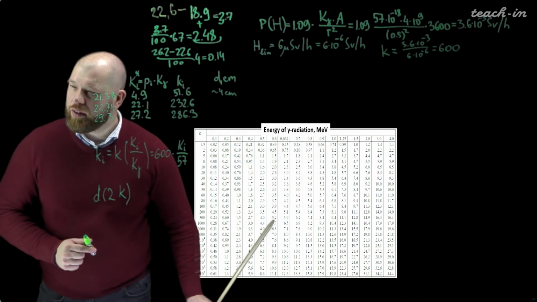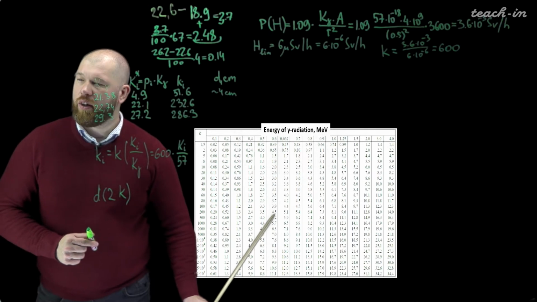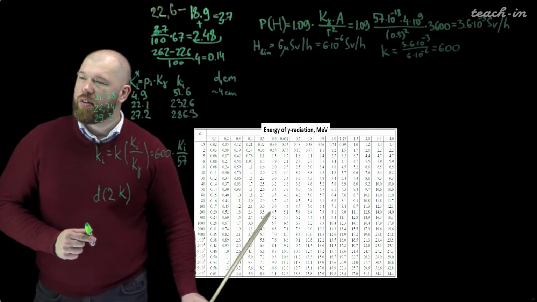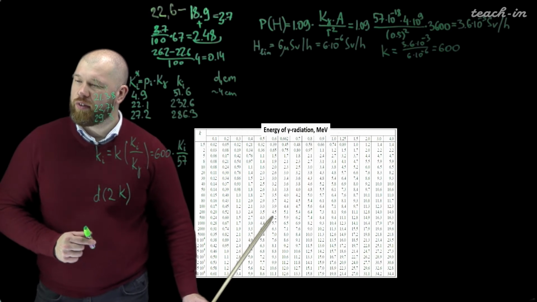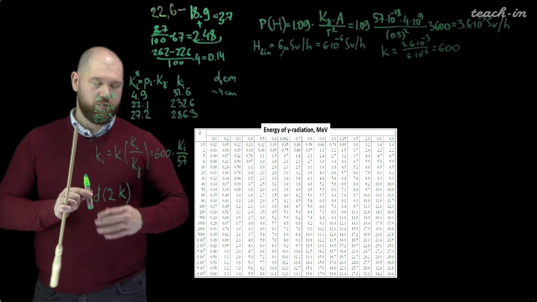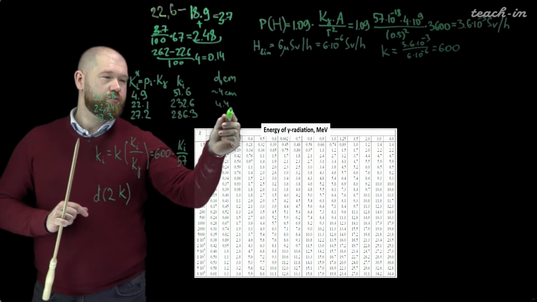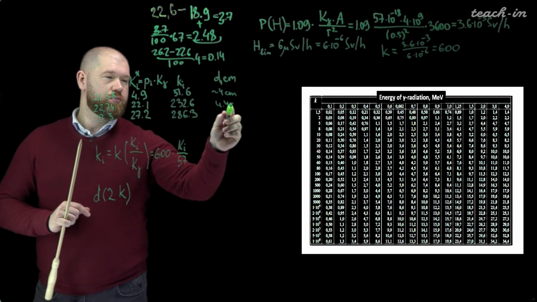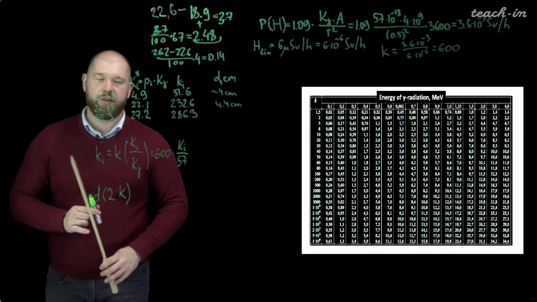We can divide the difference between 5.2 and 4.5 by 300, and then multiply it by 265, and then it will be approximately 4.4 centimeters. Yeah, it's better.